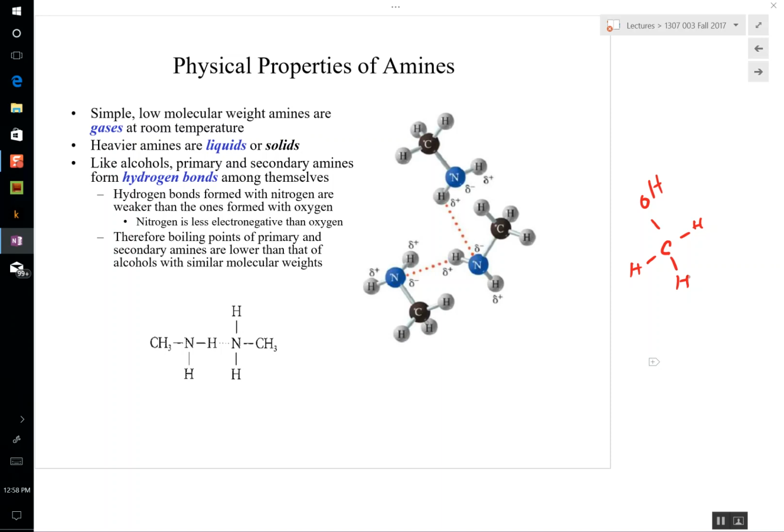When we do that, we're not breaking a covalent bond. We're not busting up the molecule. We're just disrupting that attraction between molecules. Hydrogen bonding is not as strong as a covalent bond, but it is extremely important in biological systems. The DNA helix is held together by hydrogen bonding.